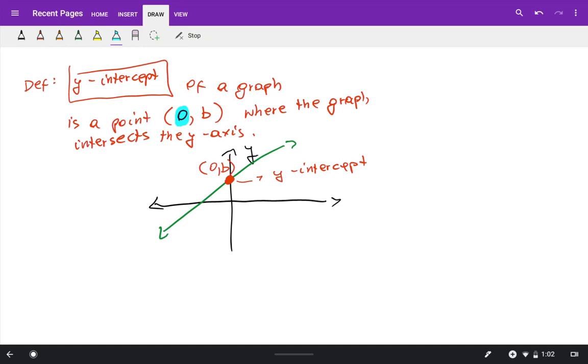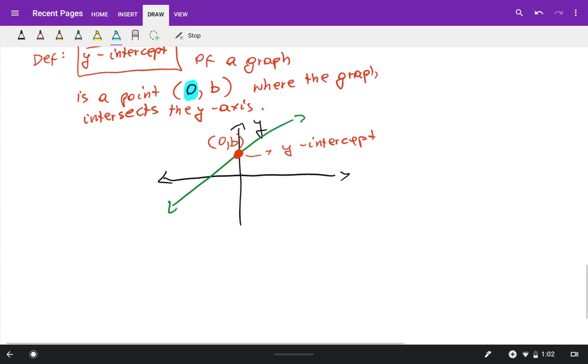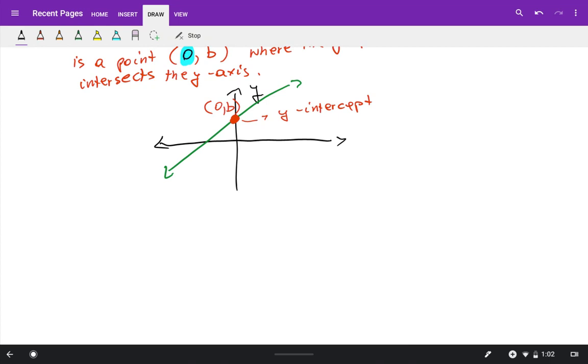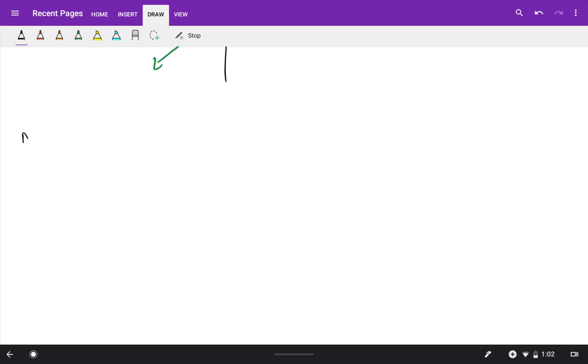Okay, so we're going to find x and y intercepts. So let me give you a note. To find x-intercept, substitute y with 0.